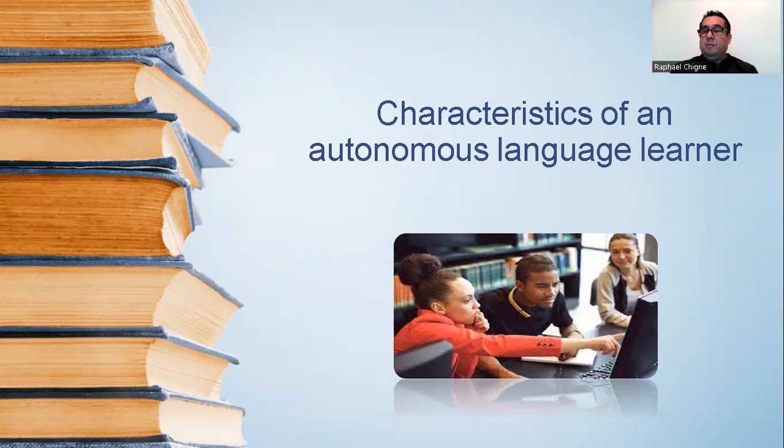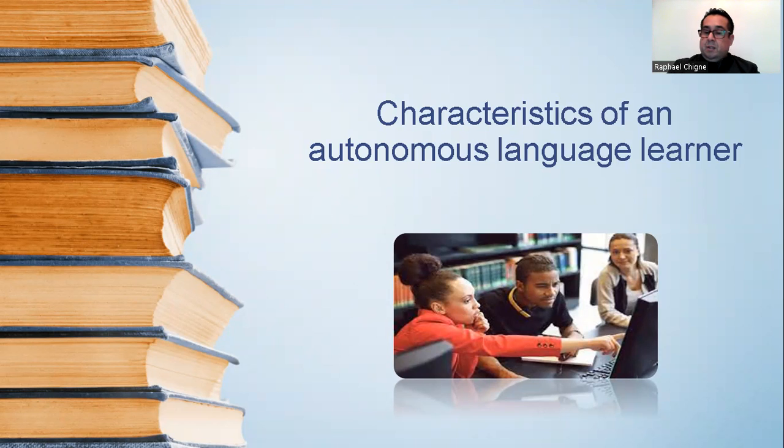Now, the steps into autonomous learning. How to become an autonomous learner? First of all, we tend to sort of forget about the teacher. The teacher becomes less of an instructor, more of a facilitator. The teacher should guide you into your learning process. Second, the teacher decreases in importance as the main source of knowledge.